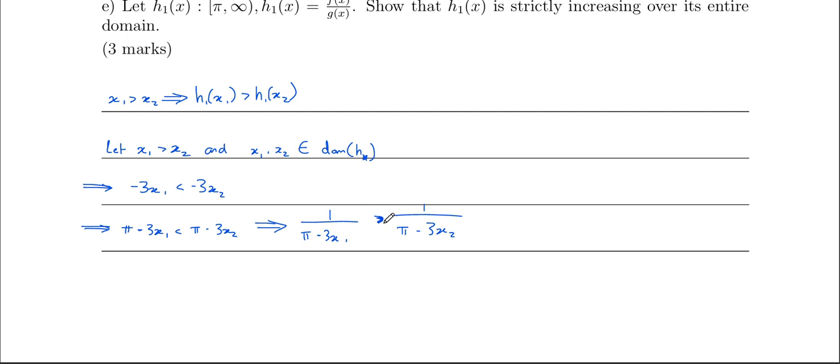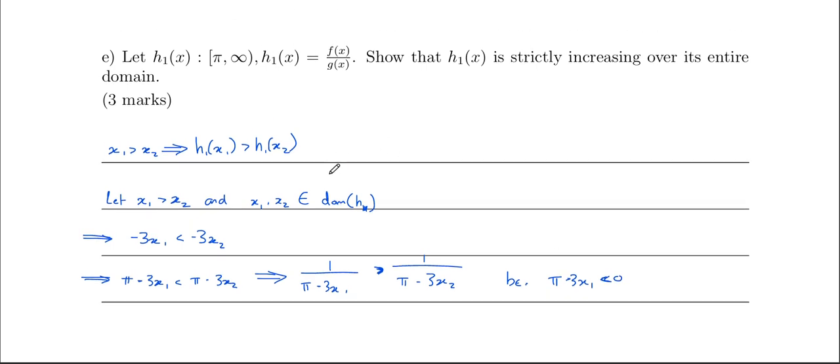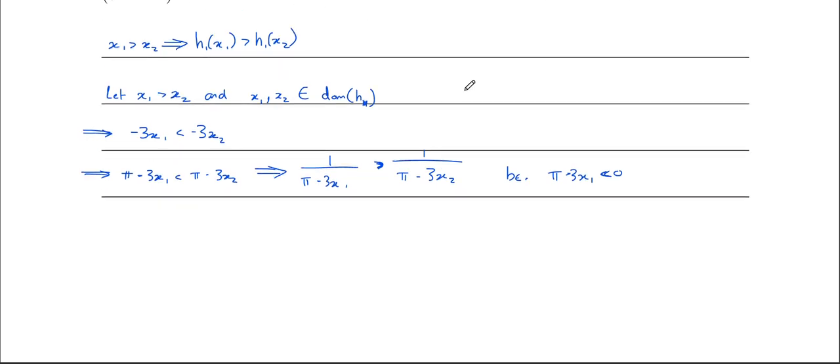And the reason is because pi minus 3x1 is less than 0. Why? Because we've said that x1 and x2 are in the domain of h1, which means that they're greater than pi.